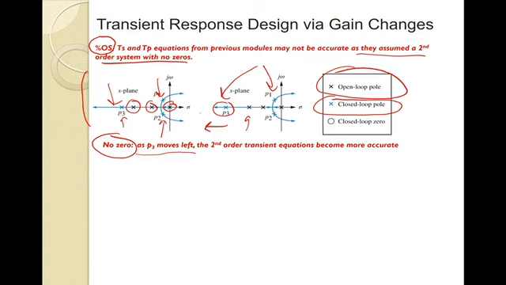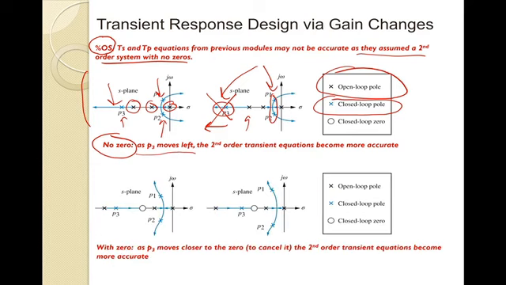As P3 gets farther and farther to the left, that system dynamic is going to be so fast relative to these two poles that these two poles will dominate, and for all intents and purposes, we can ignore P3. We saw that also in previous modules, where depending on the location of P3, we can make that second order approximation or not. So that's the case when we have no zeros.